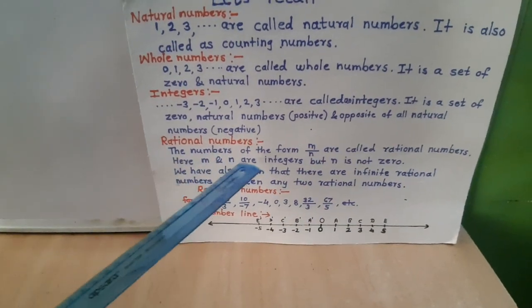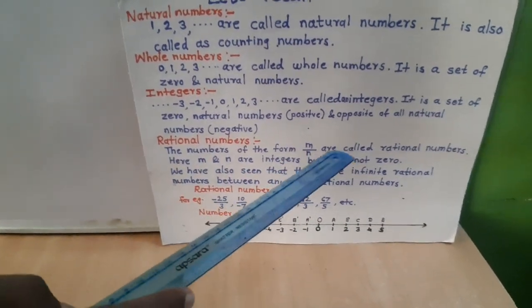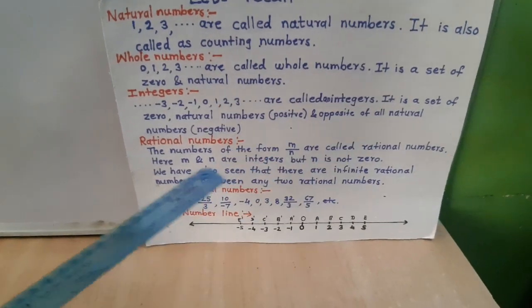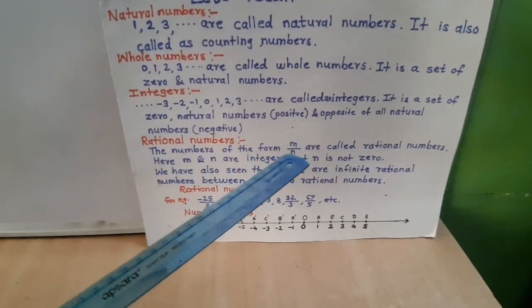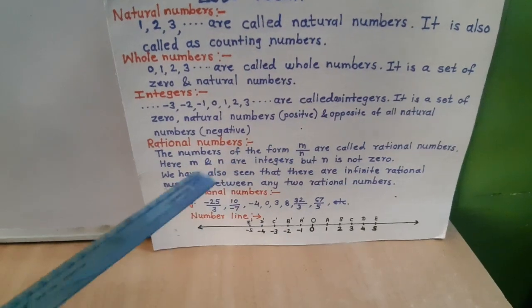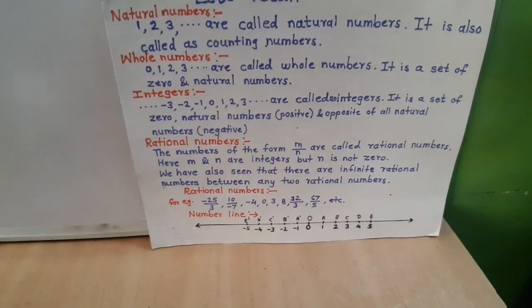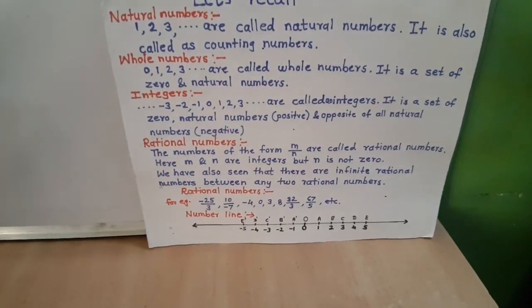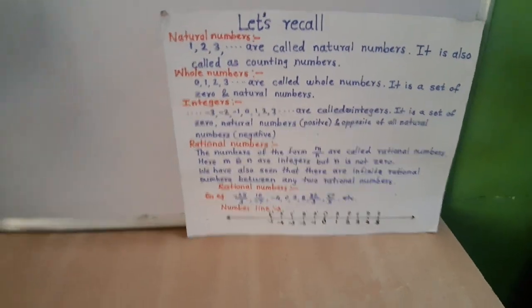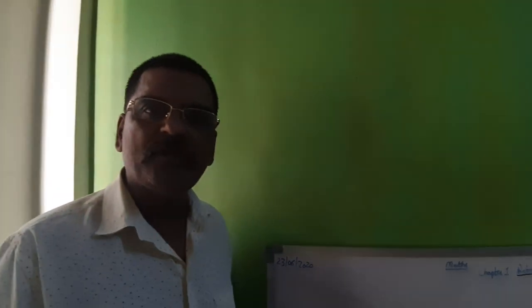Because here m and n are integers, but n is non-zero. We have also seen that there are infinite rational numbers between any two rational numbers. Other way you can say all integers and fractions are known as rational numbers.